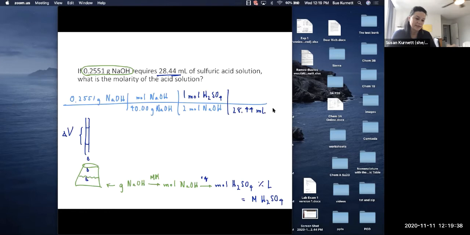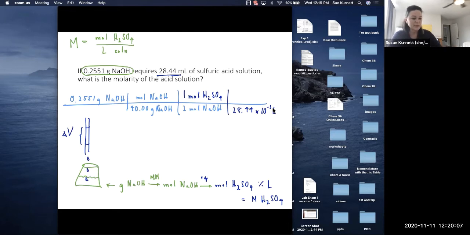Problem is, molarity is moles of one thing divided by liters that it was contained in solution. And so I need that in liters. The way I'm going to fix that here is instead of writing milliliters, I'm going to write times 10 to the negative 3 liters, because 10 to the negative 3 means milli.